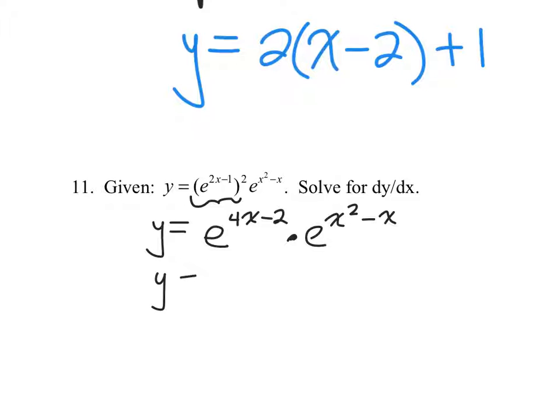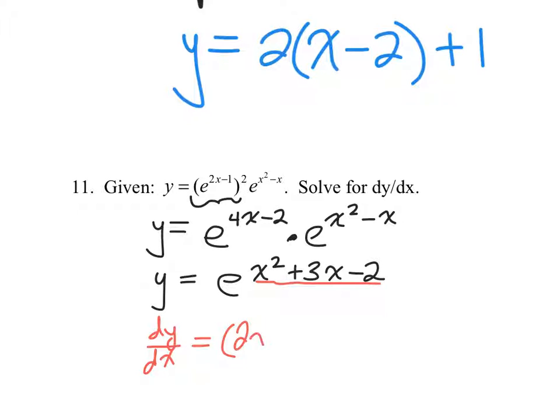Keep the base, add your exponents. All right, so e to the x squared plus 3x minus 2. Then we could take our derivative, which would be e to all that stuff multiplied by the derivative of the exponent, which would be 2x plus 3.